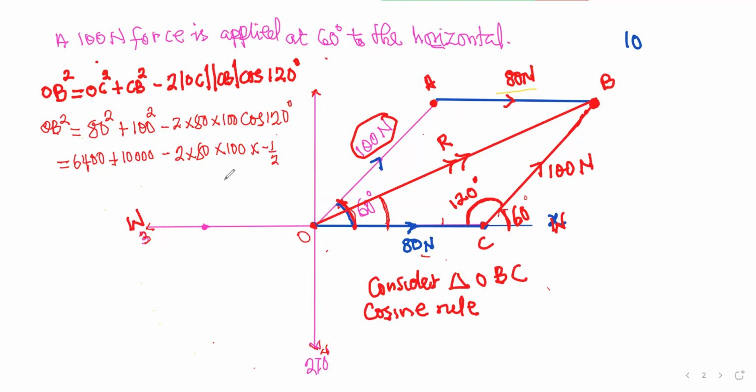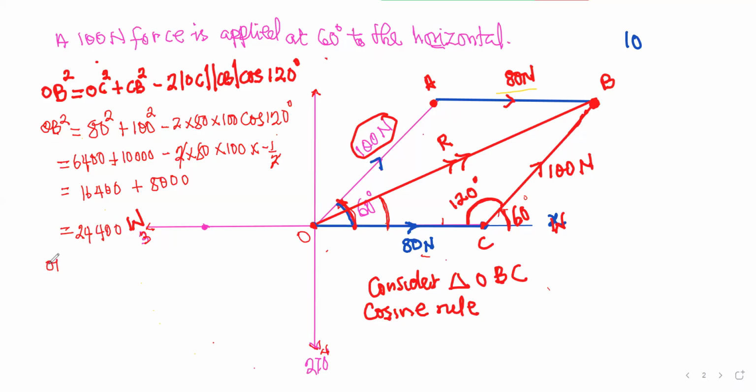Because cos 120 is negative, these two negatives would cancel. So we'll have 16,400 plus 8,000. What is 16,400 plus 8,000? 24,400.